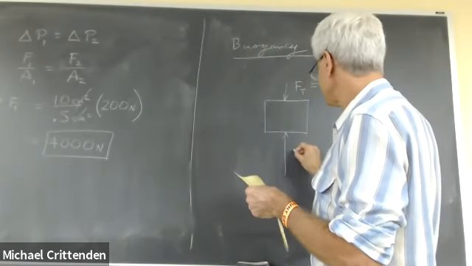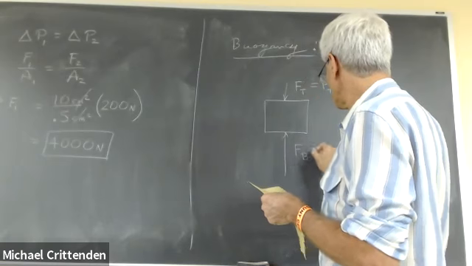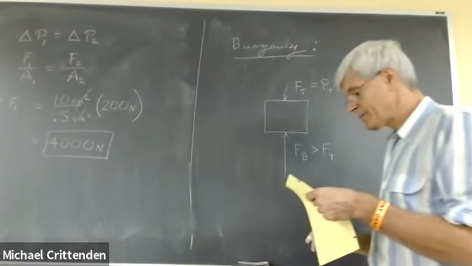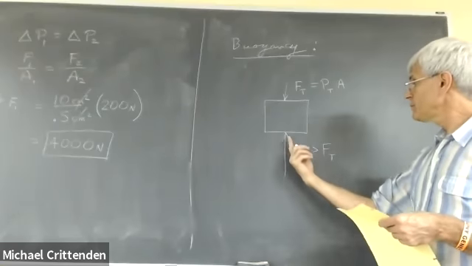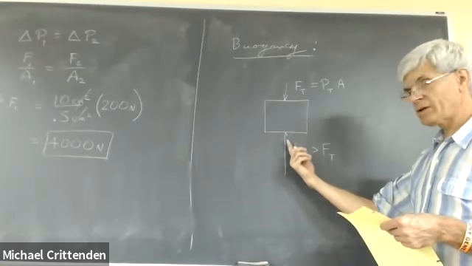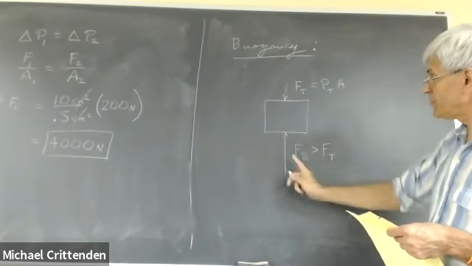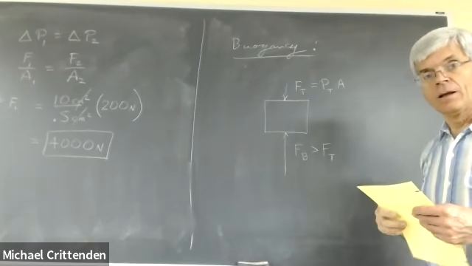Force on the bottom is greater than the force on the top. This would be the pressure on the bottom times the same area. I'm assuming the area of the top is the same as the area of the bottom here.